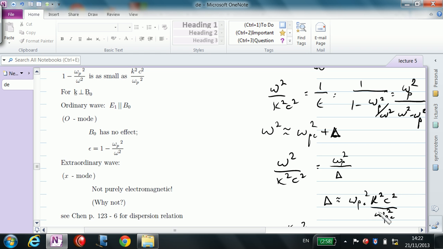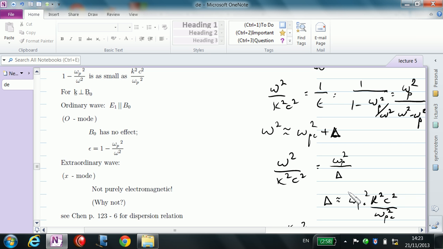If I choose omega very close to omega pe, but slightly above it, then I get what seems to be a wave with a very high phase velocity. But here's the thing: it's oscillating at almost the plasma frequency, just slightly above it.